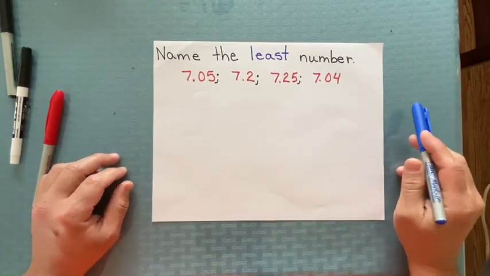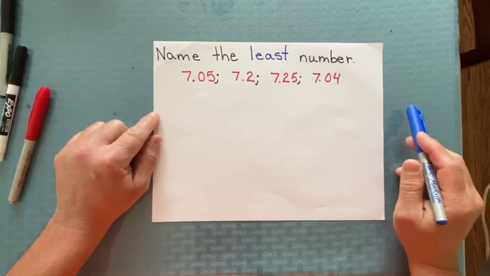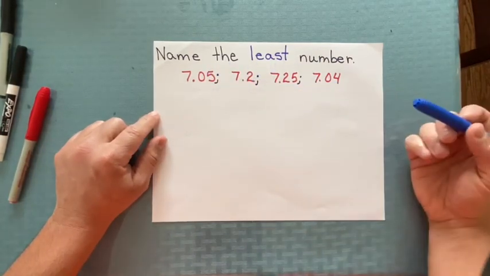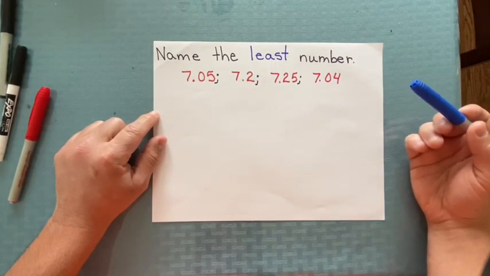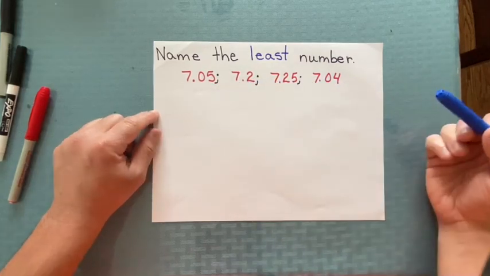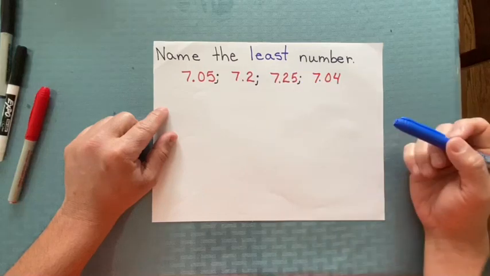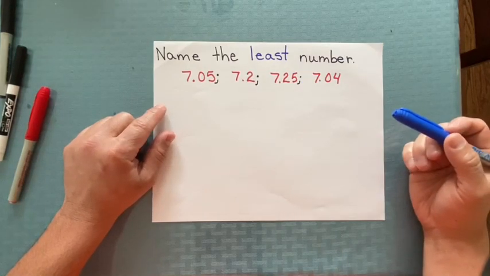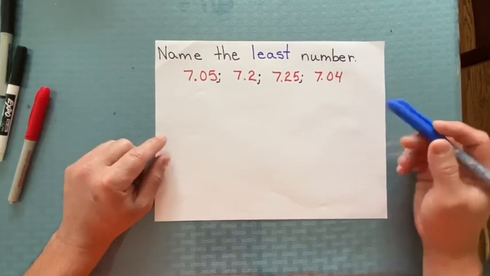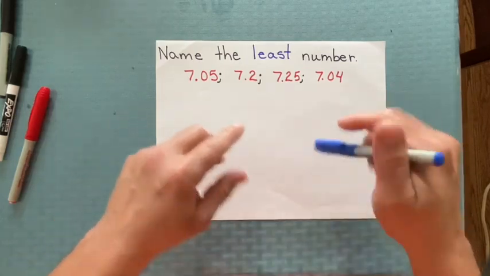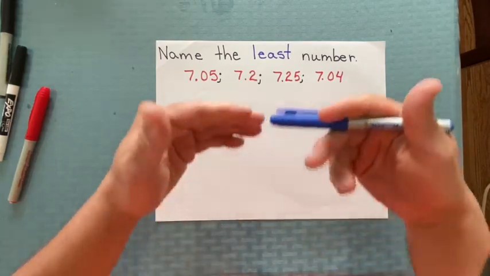Continuing with comparing decimals. In this particular question, they want us to name the least number. You're going to notice that there are 4 decimals side by side, separated by a semicolon. Once again, like I encouraged you to do earlier, it is best to compare decimals not side by side, but by lining them up from top to bottom.